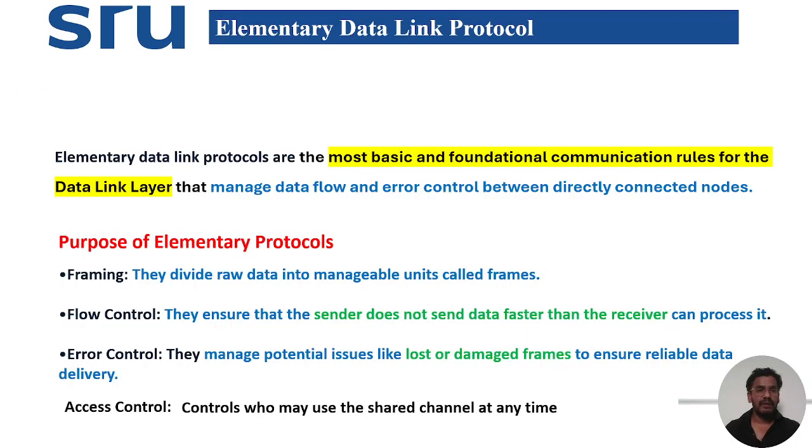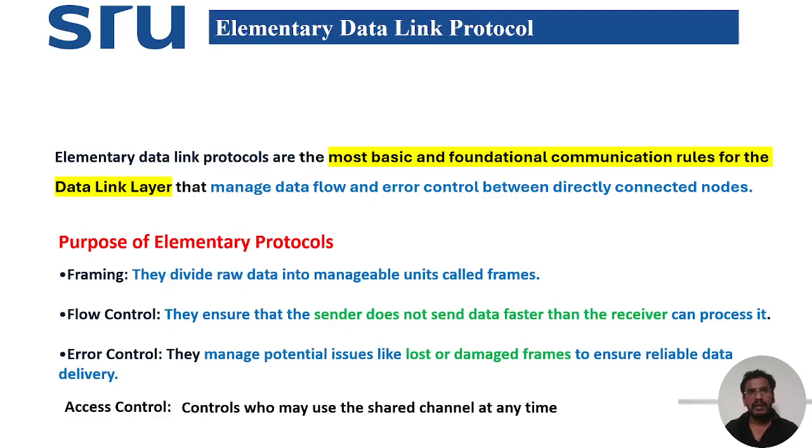As we know, elementary data link protocols are the most basic and fundamental communication rules for the data link layer, which help manage data flow and error control between directly connected nodes. What is the major role of elementary protocols? The first is framing.